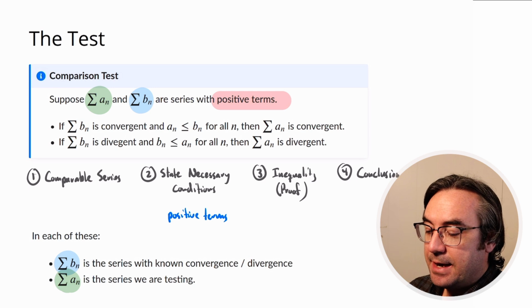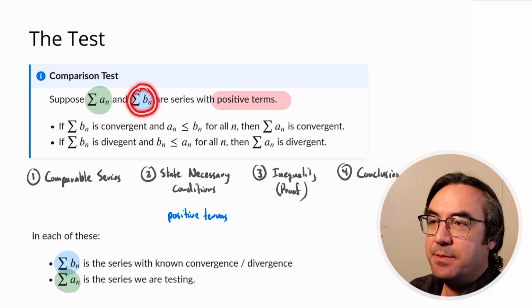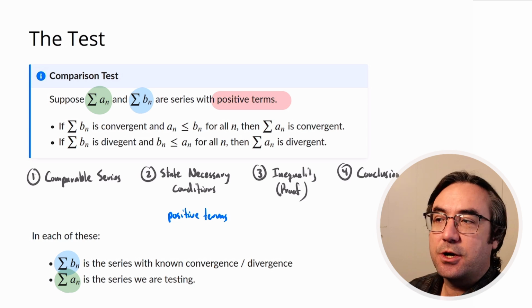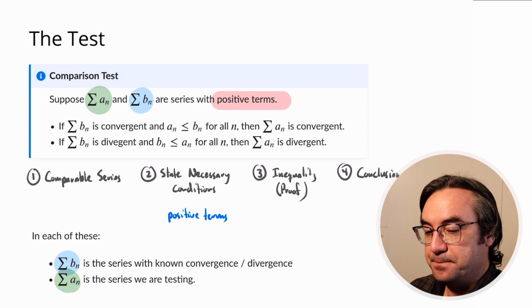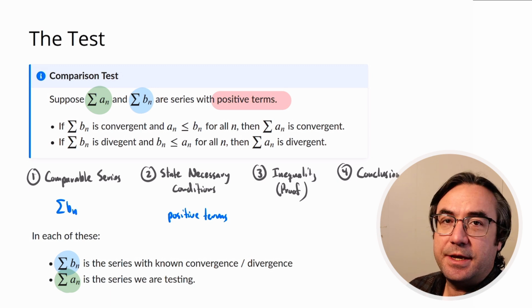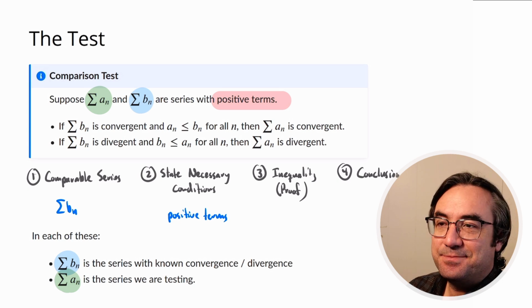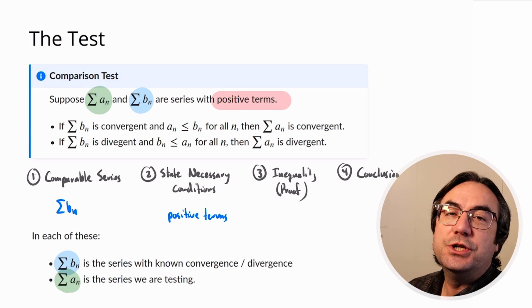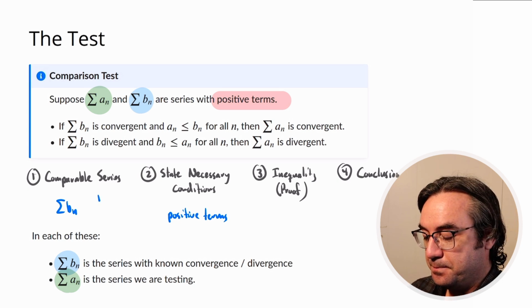So again, in this statement, sigma bn, this is going to be called our comparable series. And usually, this is a p-series or a geometric. Usually.